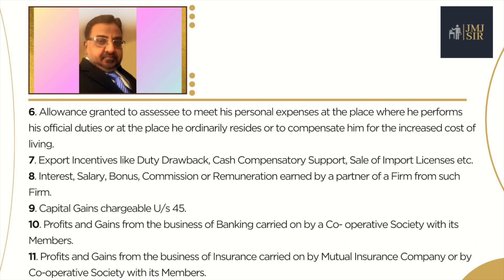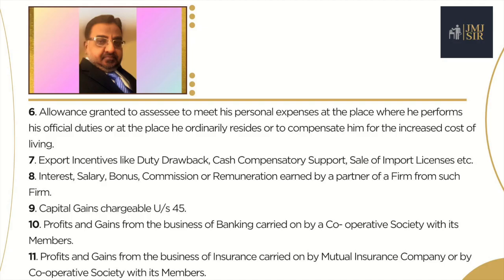as well as export incentives like duty drawback, cash compensatory support, sale of import license, etc., and interest, salary, bonus, commission, or remuneration earned by a partner of a firm from such firm. Capital gain, of course, is chargeable under Section 45 of the Income Tax Act.